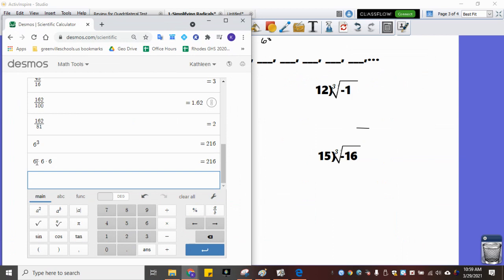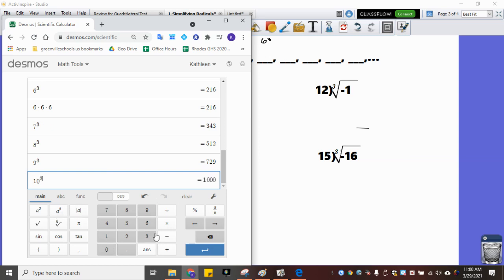216. So you can either type out 6 times 6 times 6 or just 6 cubed, either way. Then we'll do 7 cubed, or 7 times 7 times 7, which is 343. 8 cubed is 512. 9 cubed, 10 cubed.